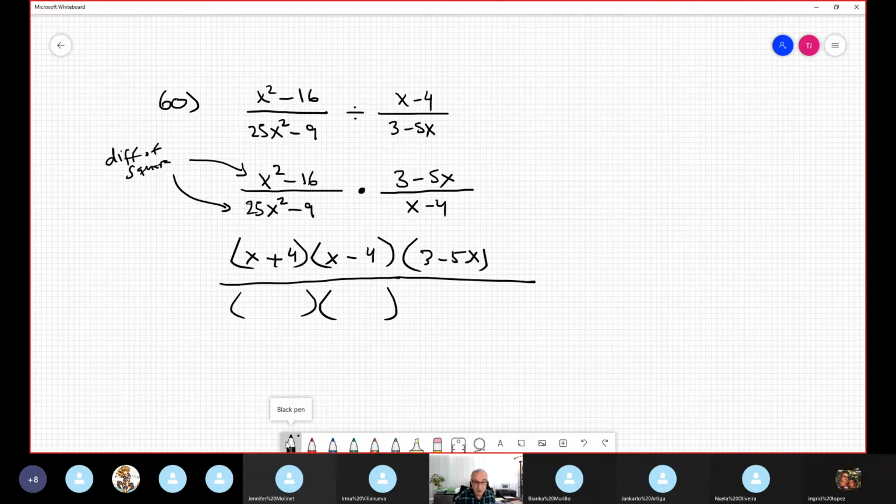I want to copy this factor, only this factor, without separation. It's the same. And this is 5x, the square root of 25x squared, and 3, plus or minus. I finish. Now the funny part. The funny part is taking the red color and canceling out the common factor. This and this, say goodbye.